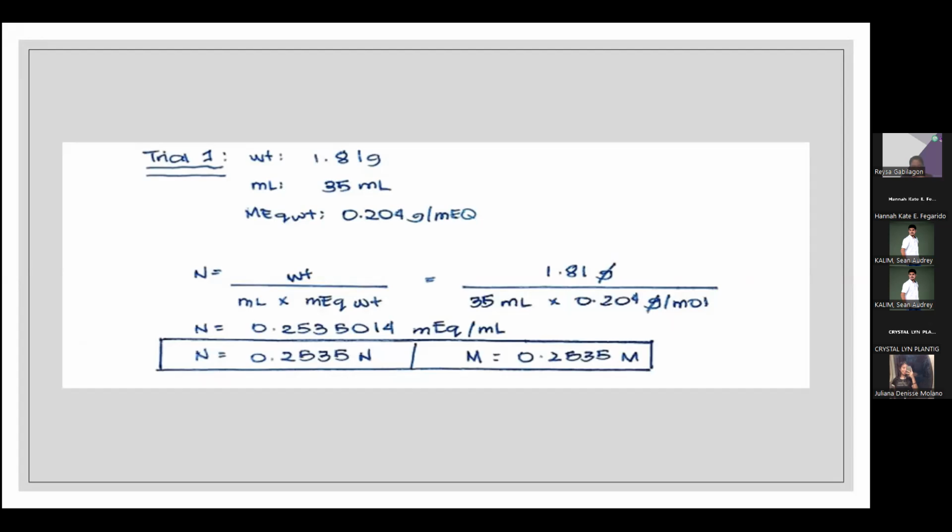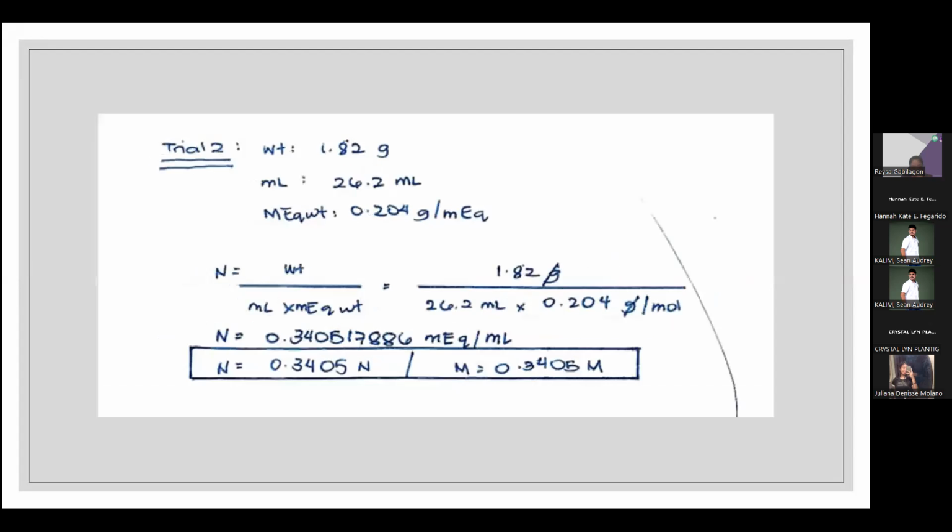Therefore, we have 0.2535014 MEQ per ml, or our normality as 0.2535 N.